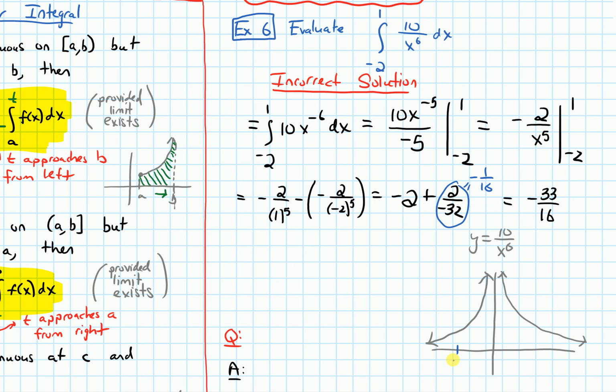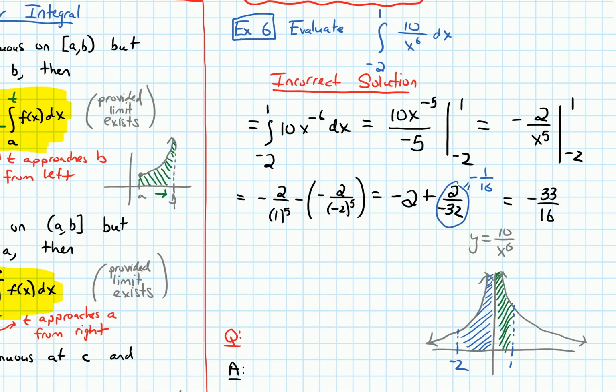So starting at -2 and then ending at 1. So that corresponds to the area of this part of the graph, as well as the stuff on the other side of that vertical asymptote, which is this part of the graph.